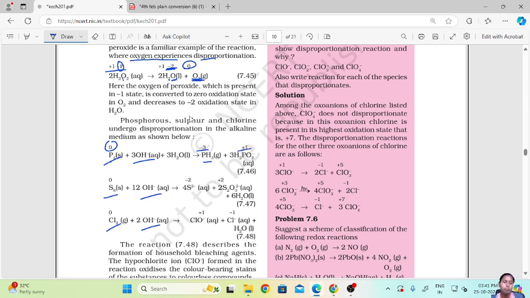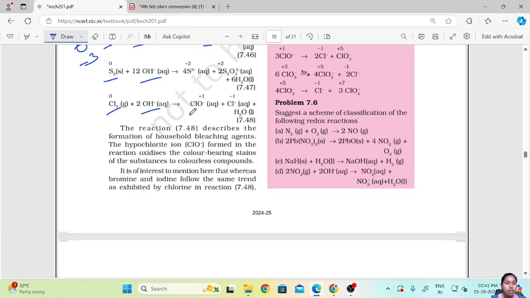So it shows 3 oxidation states: one with 0, one with +1 and one with -3. Similar for sulfur and chlorine. Initially they were in 0 oxidation state, but when they were converted into products, they have -2, +2, and -1, +1 oxidation states respectively. So this is the disproportionation. They show various oxidation states in one reaction.